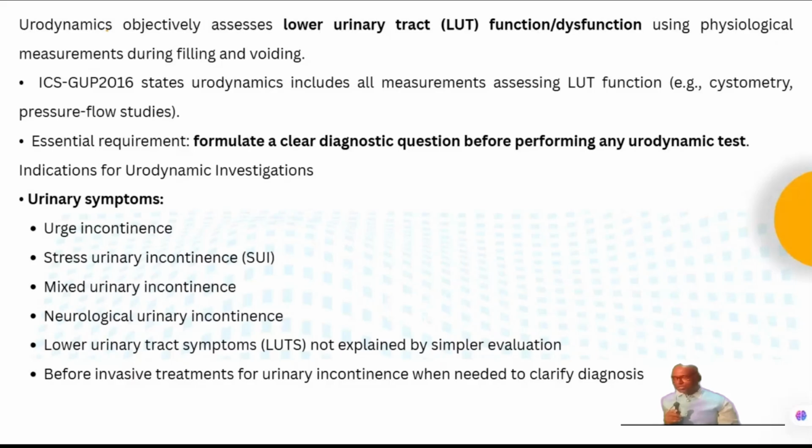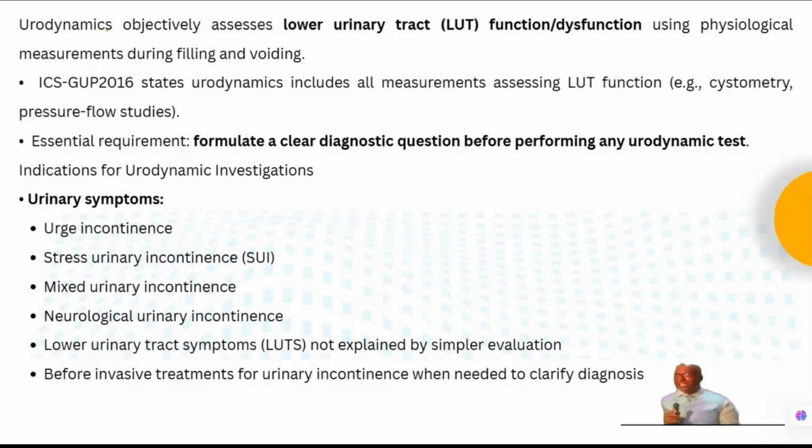So the most important thing is we should have a clear diagnostic question. That is the prerequisite before you put your patient for the urodynamic test. We need to know what exactly we want to know, whether we want to confirm some diagnosis or rule out some diagnosis, what exactly we are expecting from the urodynamic test. We should know that first.